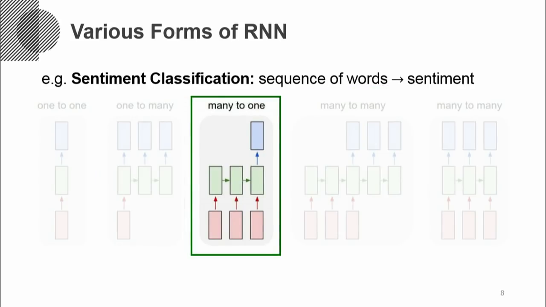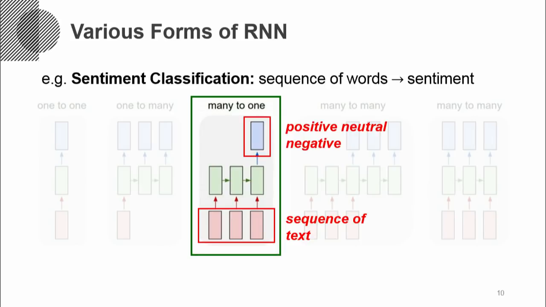And then the next case is this many-to-one case. In this case, the input is a sequence, and then it will be processed by our RNN module to generate a single output at the end. So the output doesn't have any sequence nature, but only the input has such sequential nature. So for example, in this case, we can take a sequence of words and decide whether this sequence of words indicates a positive or negative sentiment.